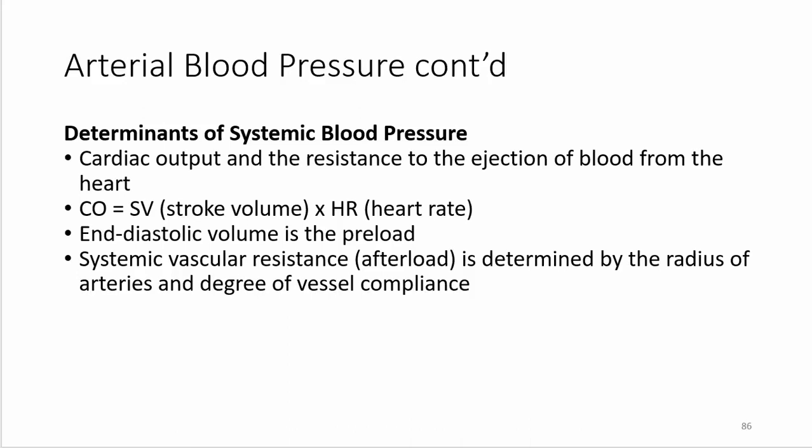The things that cause vascular resistance are the length of the tube, the viscosity of the blood in the tube, and the radius of the tube. The main thing being the radius and the compliance of the tube.